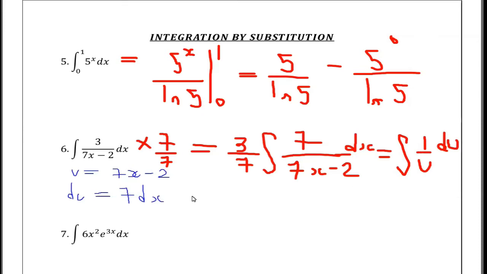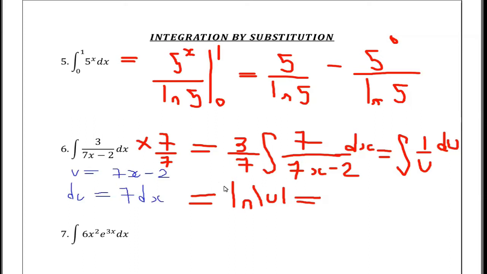We know that when you integrate 1 over u du, you get ln u, so the final answer is ln the modulus of u. But what was u? 7x minus 2. Oh, and I forgot the 3 over 7.